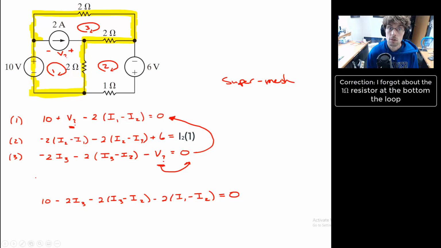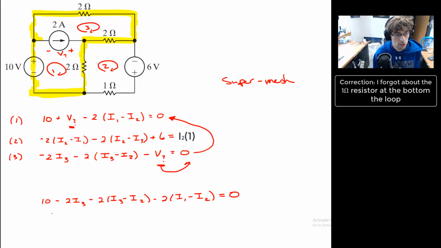And again, the situation happens when you have two adjacent meshes separated by only a current supply. You don't have to remember it. If you're comfortable with applying the mesh current rules, the super mesh will automatically fall out. So we have that equation.